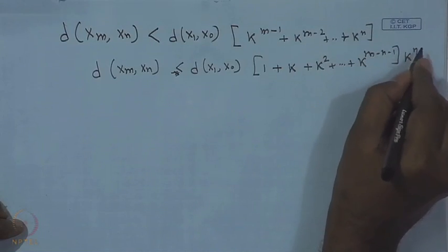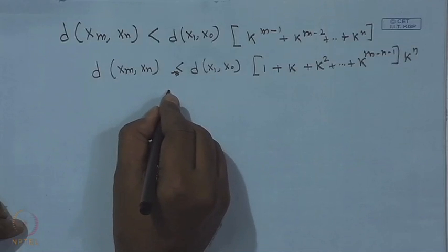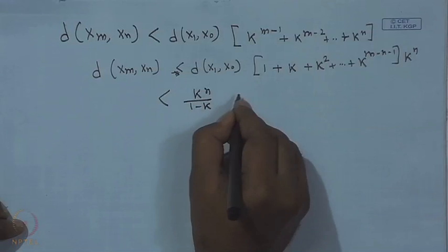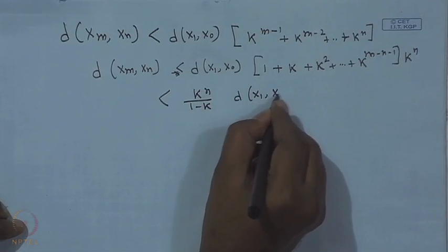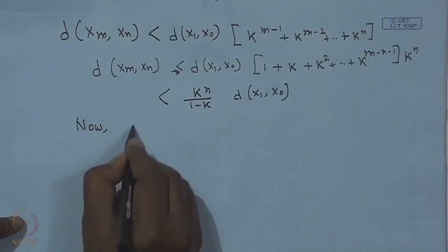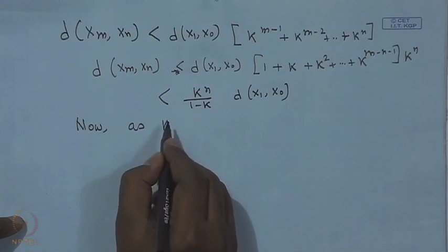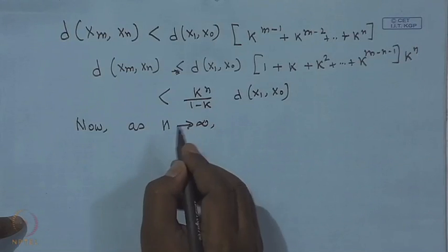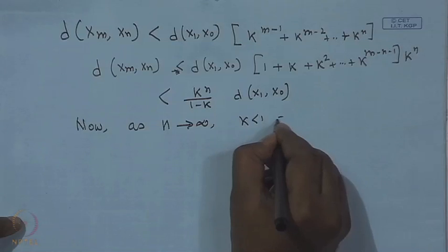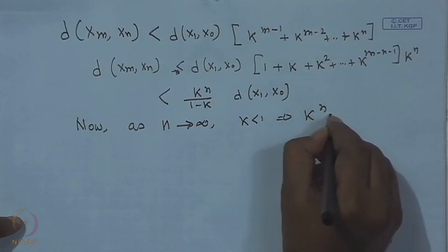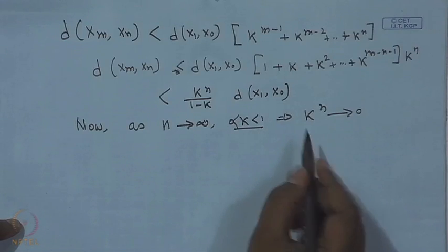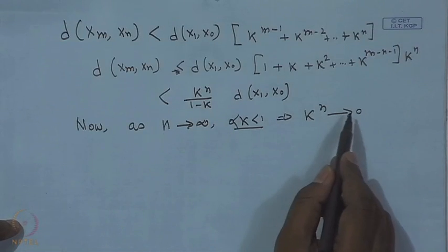We take k to the power n as common, so this becomes k to the power n times 1 over 1 minus k times metric between x1 and x0. Now, as n goes up to infinity, k being a fraction, k is less than 1, lying between 0 and 1. So, as n tends to infinity, k to the power n tends to 0.